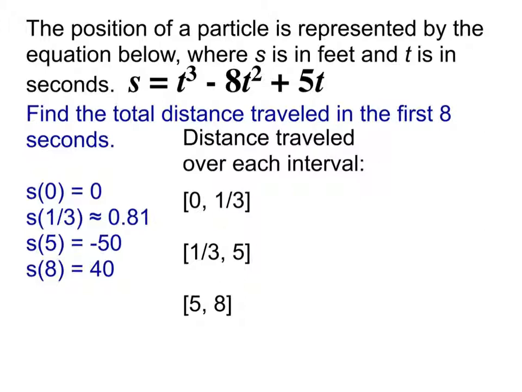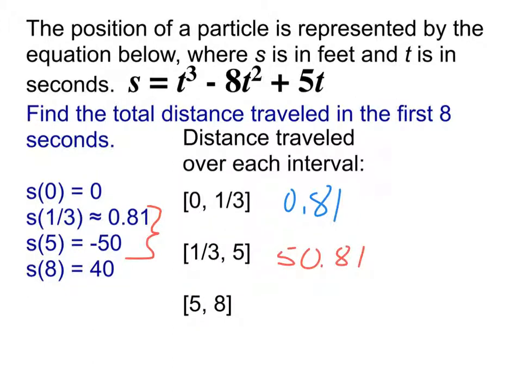So between 0 and 1/3, how far did this particle move? 0.81, right? Because we went from 0 to 0.81. What about over this interval, between 1/3 and 5? 50.81.